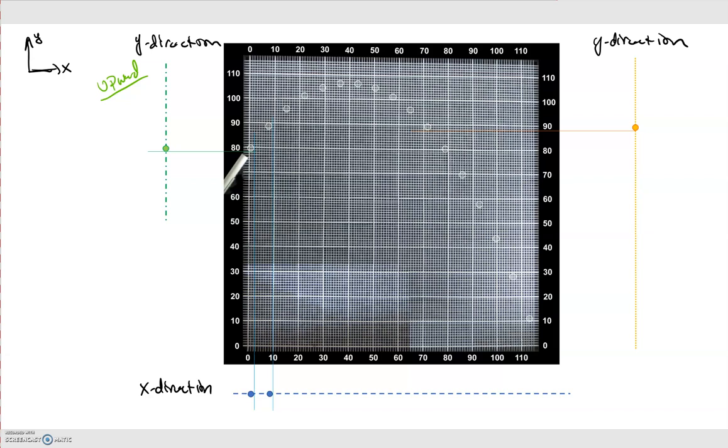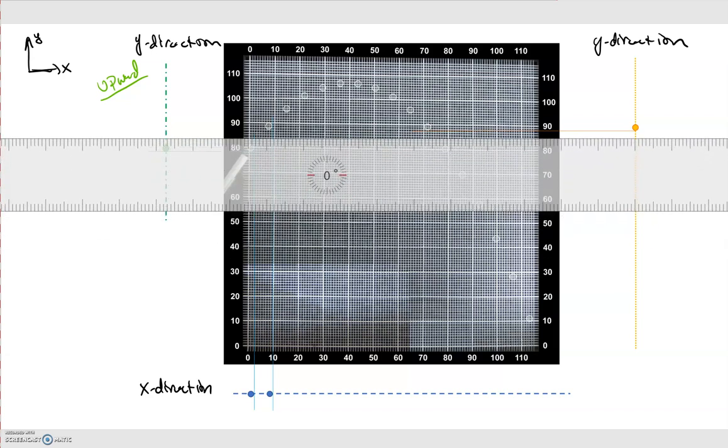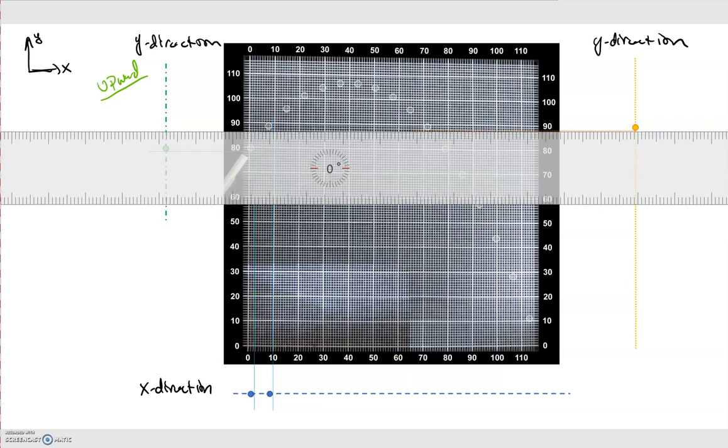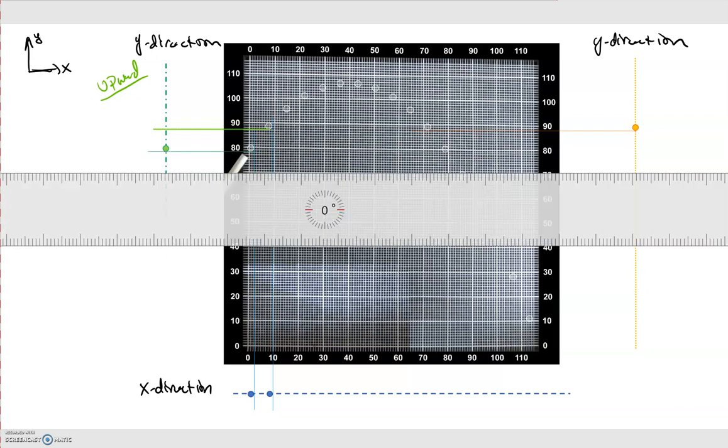So what you want to do is grab a ruler and line it up so that it's just touching the bottom of the ball's position. So you draw a line over to the motion diagram, and then we're going to place our dot on the motion diagram for that position.